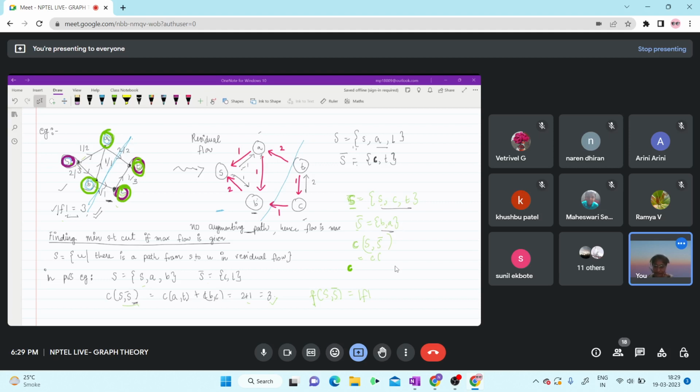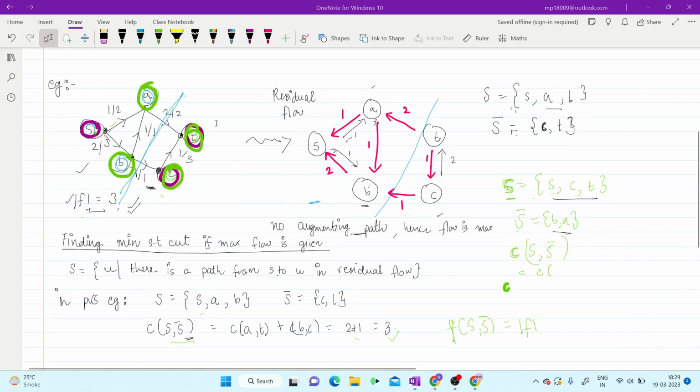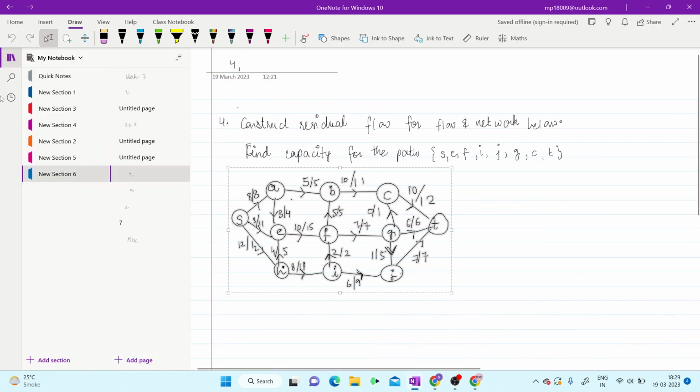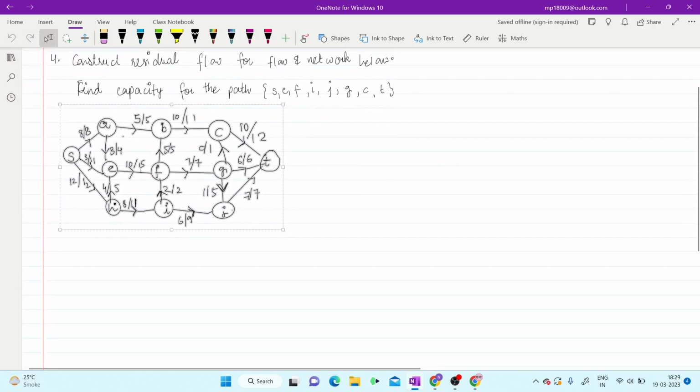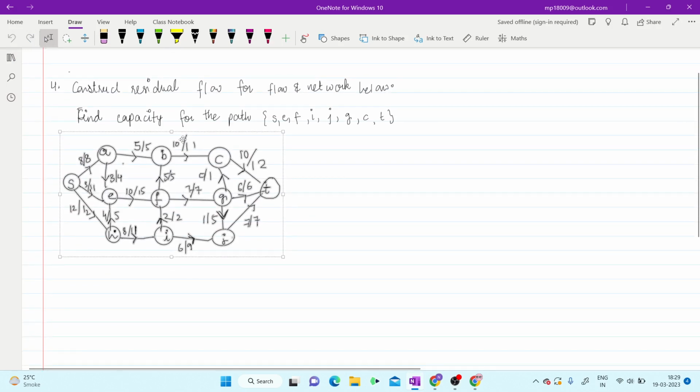Is that fine? Okay, so now that we know what minimum cut and maximum flow are, let's do some questions quickly. If everyone understood how to construct the residual flow, we can skip this question and directly go to the capacity.